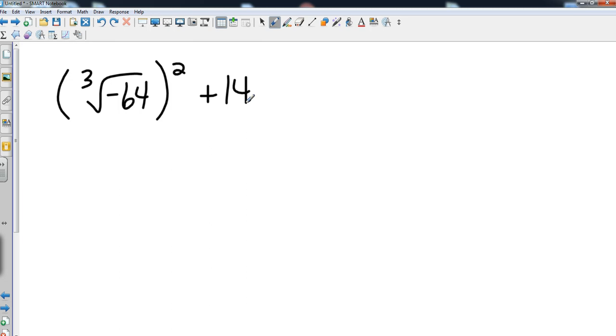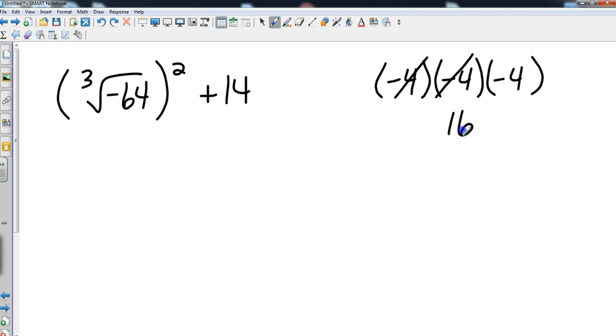So cubed root of negative 64, obviously we just went through 27, and that was negative 3. I'm going to show everything by hand, but if you're doing it on your calculator, you can get this a lot quicker. So let's just go up to the next number, which would be negative 4, and let's see what that comes out to be. So negative 4 times negative 4 is positive 16. And positive 16 times negative 4 is negative 64.